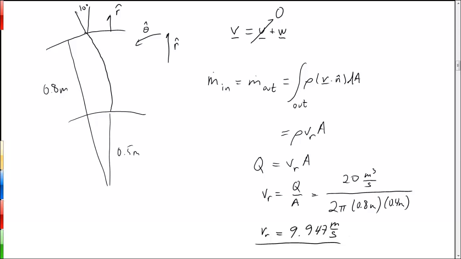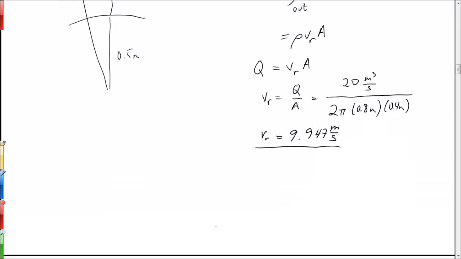From the geometry, though, we can see that if we draw the flow coming out like this, VR is the velocity in the radial direction, V theta is the velocity in the tangential direction, and V, the outlet velocity, is like that.